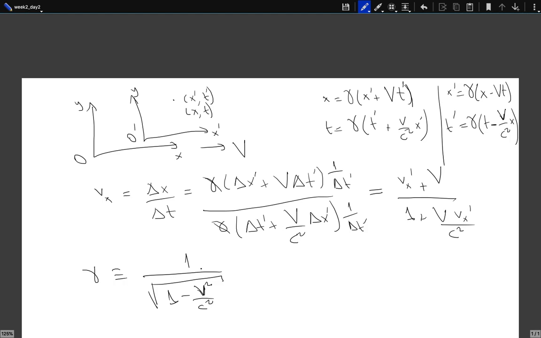And then you just have 1 plus this factor over there. So all the quantities over here are, in a sense, related to the other reference frame. And this is your original reference frame. Which one is the original? Well, up to you. Just choose one as your original reference frame and the other one as the other reference frame, and these relationships should hold, as long as you are consistent.